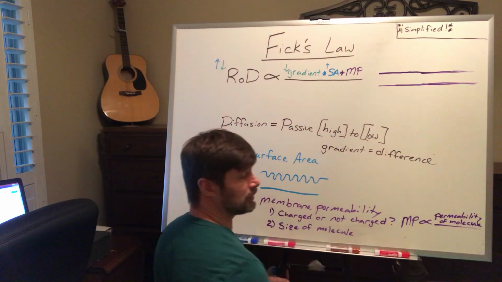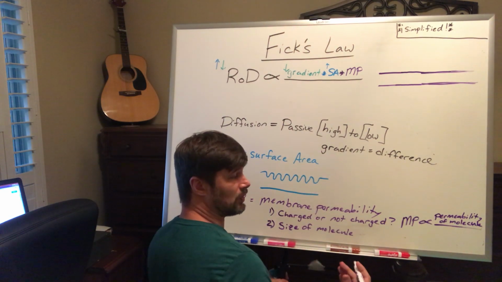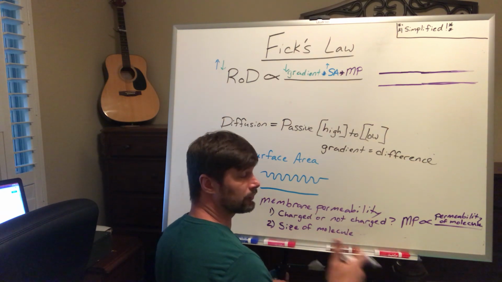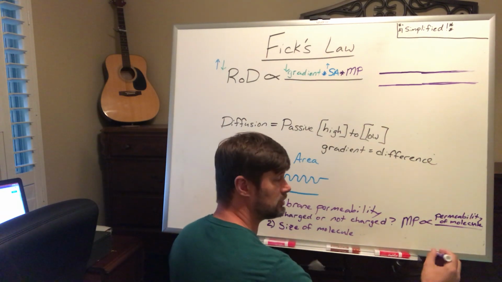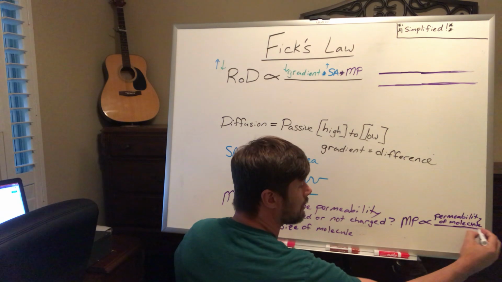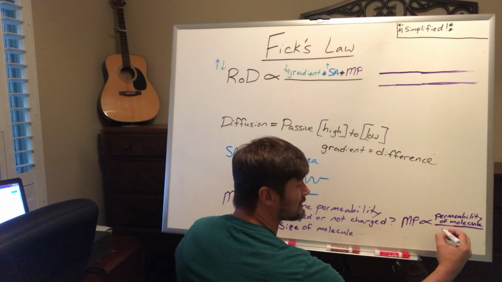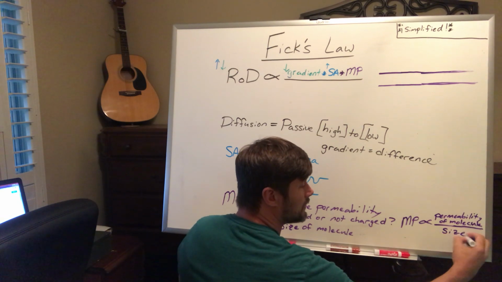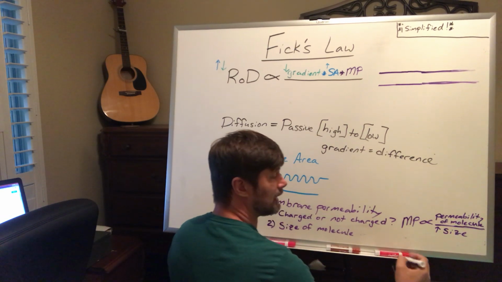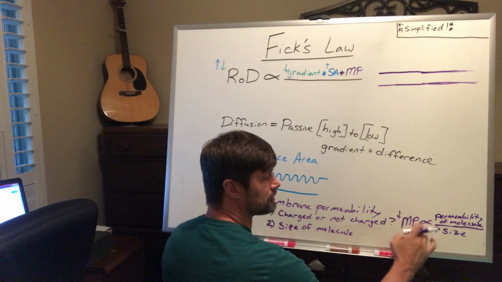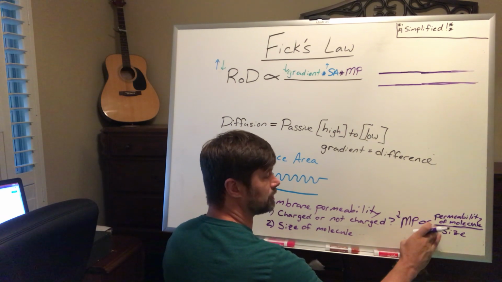So nonpolar molecules are going to be much more permeable. Nonpolar can go through the cell membrane. Again, you may need to review this if you don't remember your chemistry. And this is all going to be divided by the size of the molecule, because as it increases in size, the permeability goes down. So these are inversely proportional to one another.